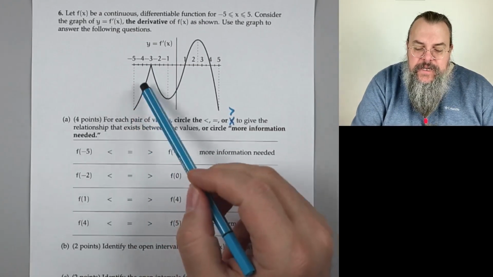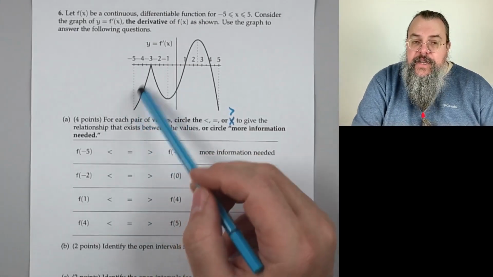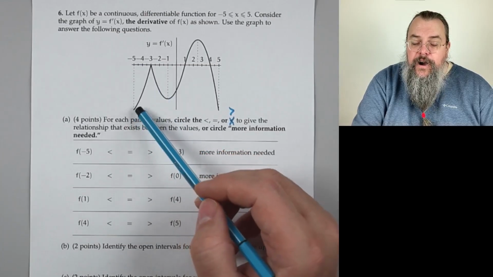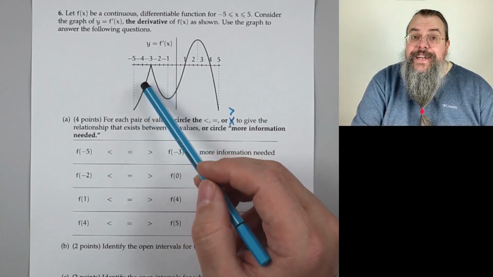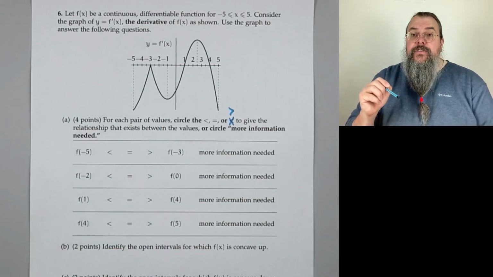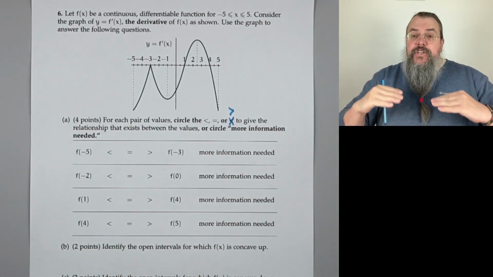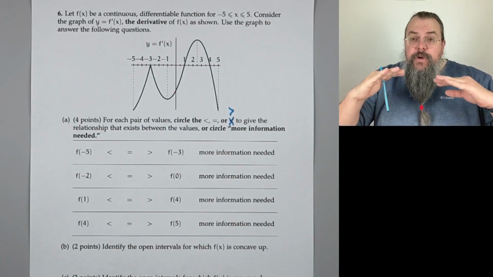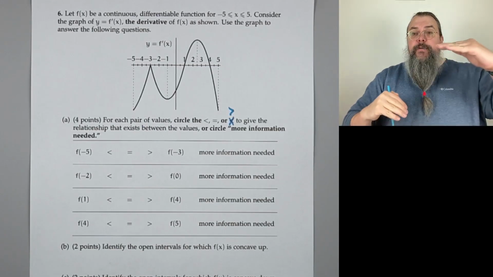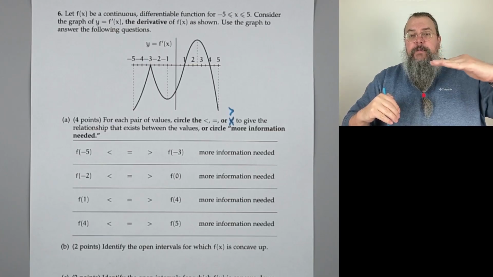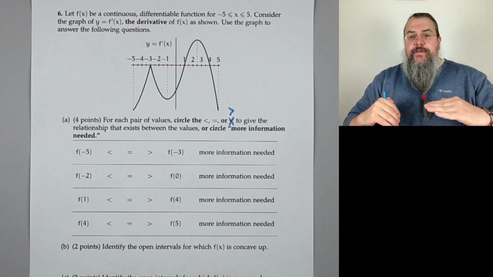What we're saying is that between negative 5 and negative 3, our derivative is negative. Now, what does negative mean? It means our change is going down. So wherever we are at negative 5, we're going to keep going down before we get to negative 3.